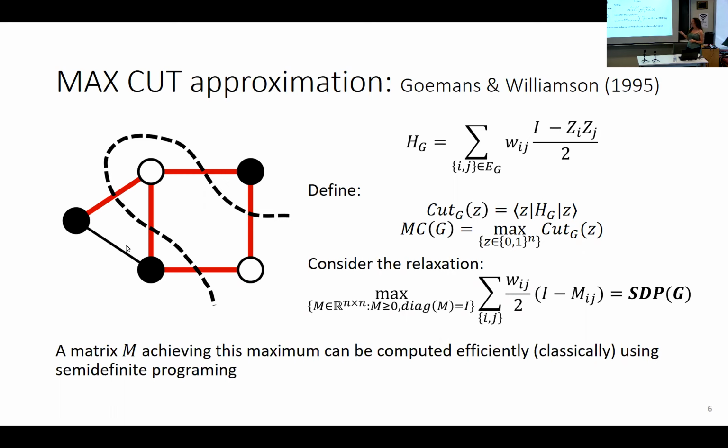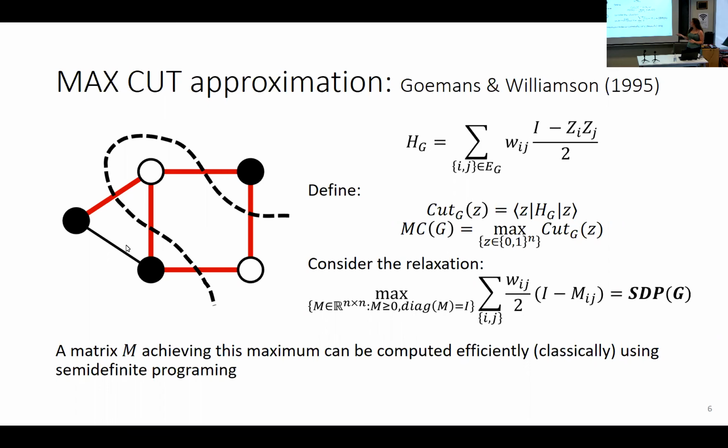And that allows them to write this problem as a semi-definite programming problem, which is something that we do know how to solve exactly. But then the state that you get out of that is a list of real numbers rather than zeros and ones. And so the trick is to round that state back to a valid solution for your original problem.